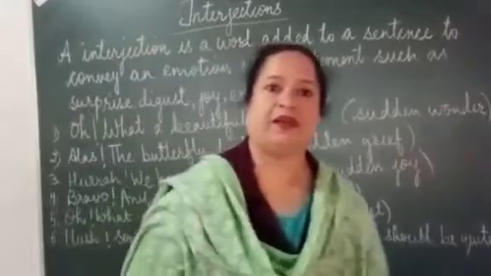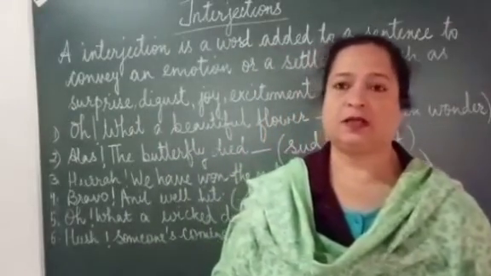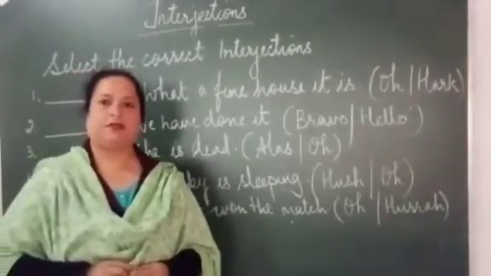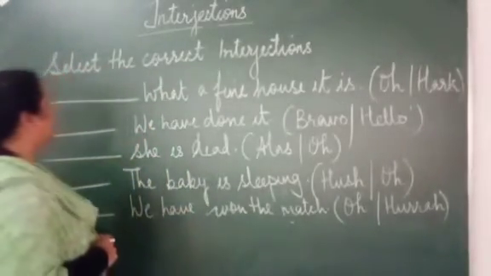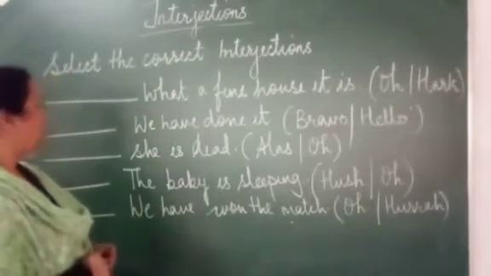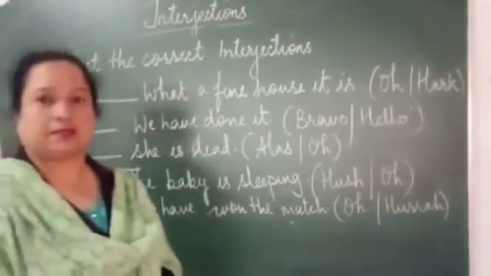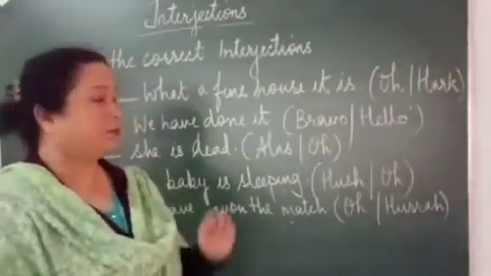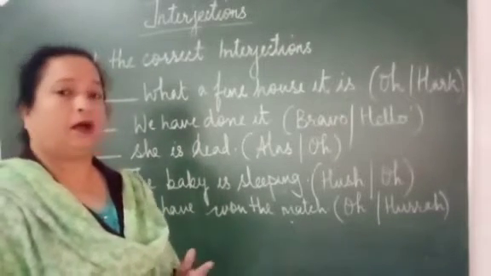So likewise, we have many sentences, and let us have a look at some more examples. Now children, let us do the sentences that we have over here. What do we need to do? We need to select the correct interjection. So the first one, dash, what a fine house it is. Now if you notice, in the bracket I have two words, that is oh and hark.